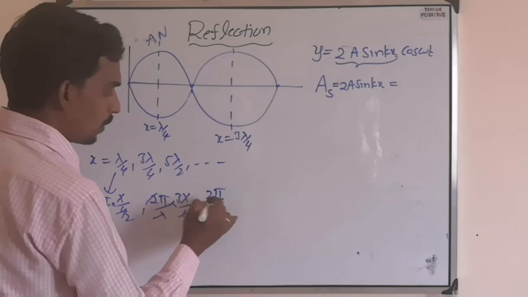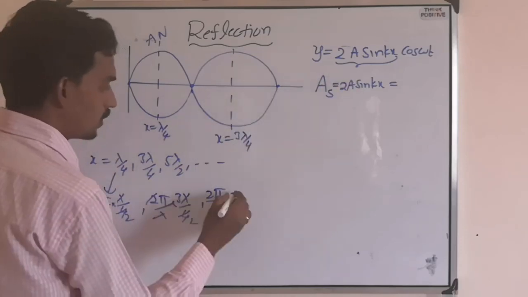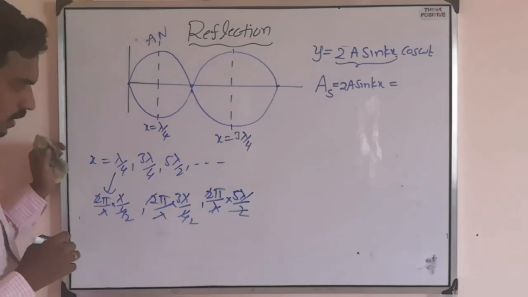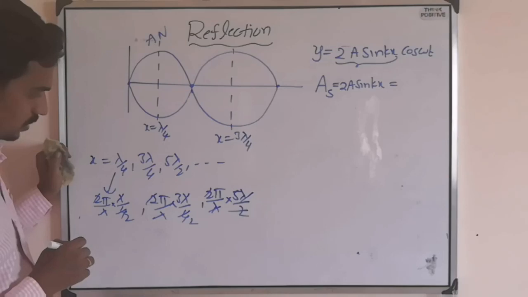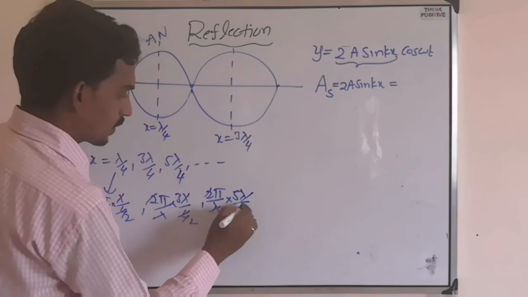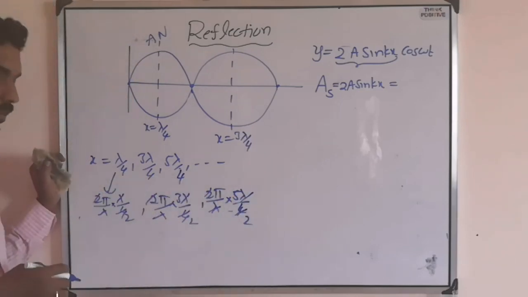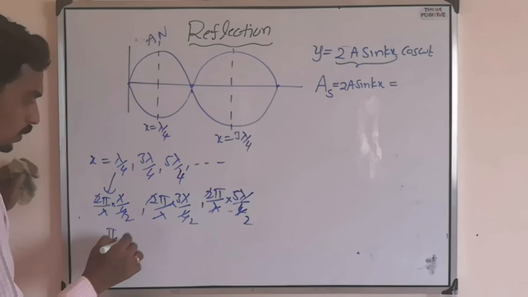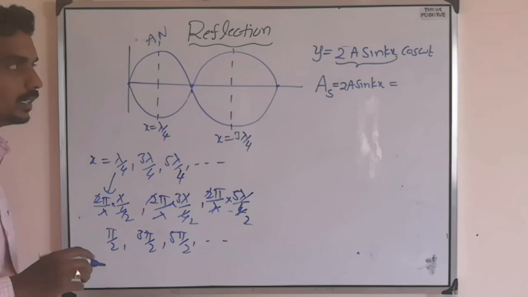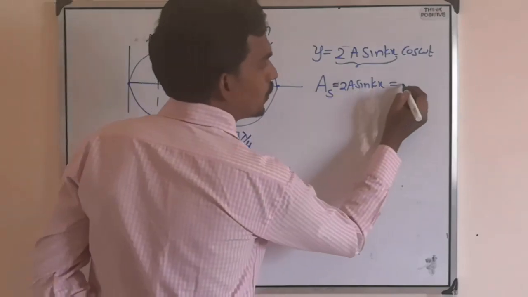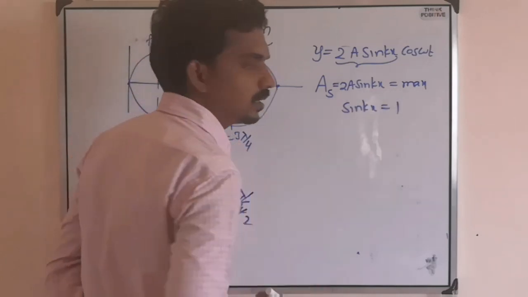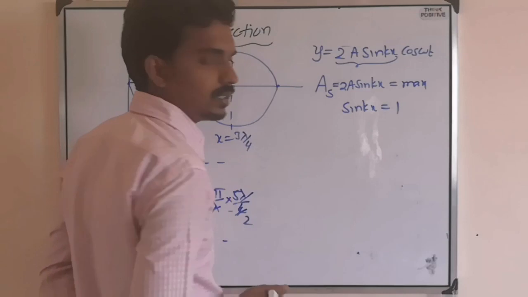You can check: 2 pi by lambda, k into x, where x is 5 lambda by 4, gives 5 pi by 2. So what is the condition? Pi by 2, 3 pi by 2, 5 pi by 2 and so on. That's why here the amplitude should be maximum. Maximum means sin kx should be 1. The maximum value of sin is 1.